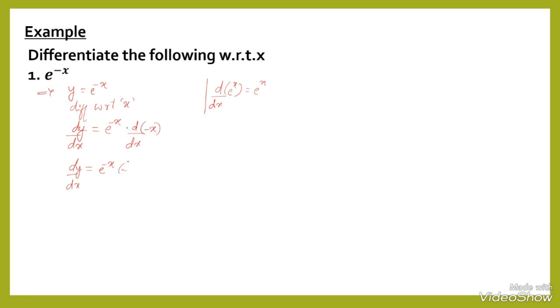Taking minus as common, the differentiation of x will be 1. Therefore, dy by dx is minus e to the power minus x. This is the result of the given function. Okay, let's move on to the next problem.